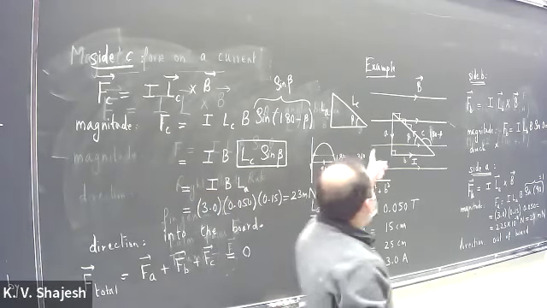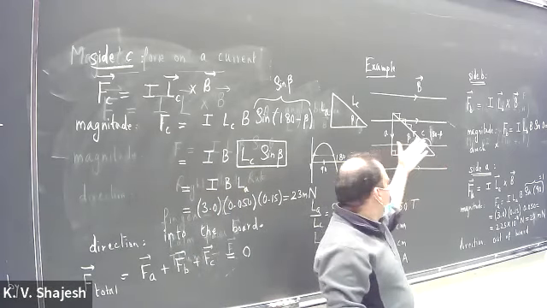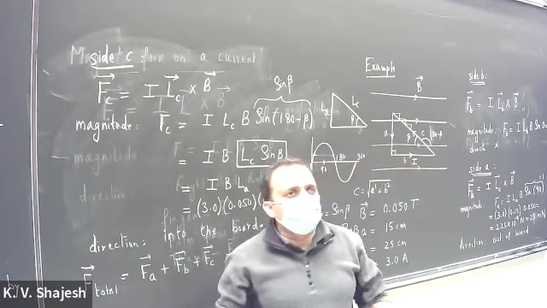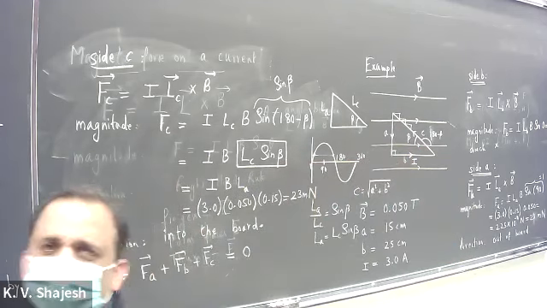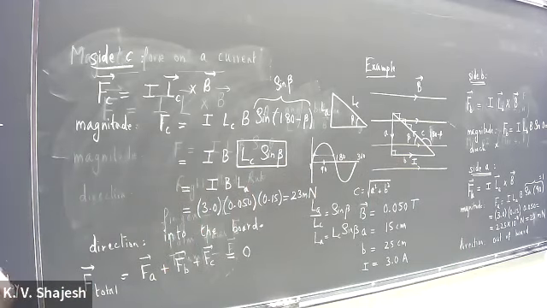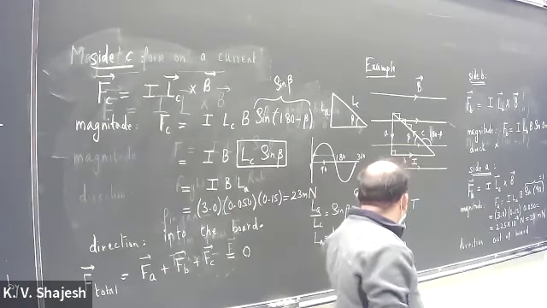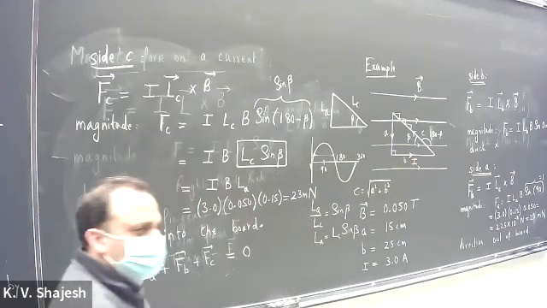As far as the force goes, the center of the wire is not going to move at all because the total force is 0. In some places the wire is experiencing a force inward. In certain places it's moving outward. So it is going to have a motion. That's what we're going to talk about next. But in general, the force is 0.